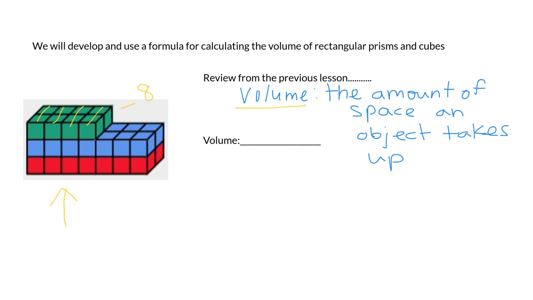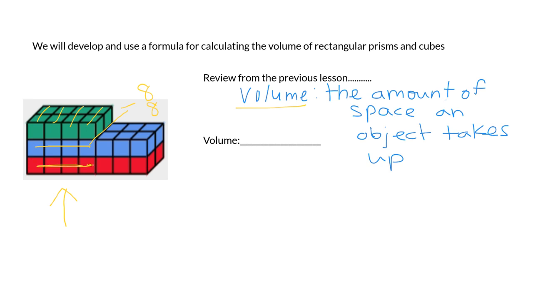Now I know that in that green top layer, so far we have 8 unit cubes. Now underneath there, I see a layer of blue and also a layer of blue and red unit cubes. If I know that this top green layer of our figure is made of 8 unit cubes, and I see that it is stacked above 2 other layers, then I can also assume that this whole blue layer is also made from 8 unit cubes.